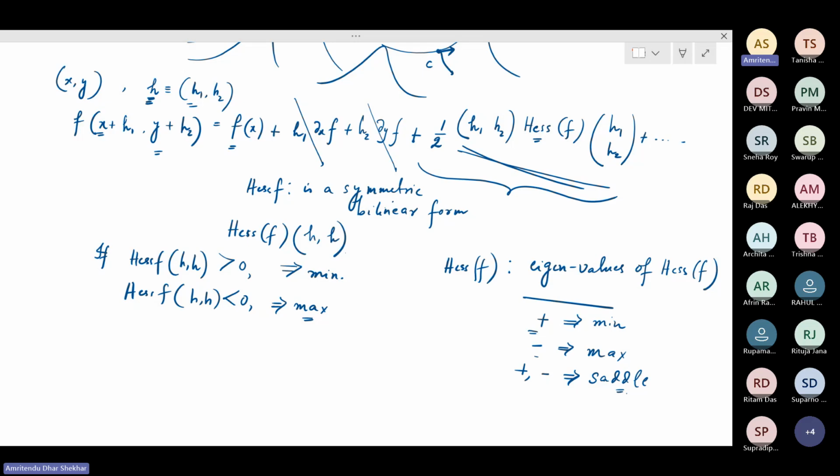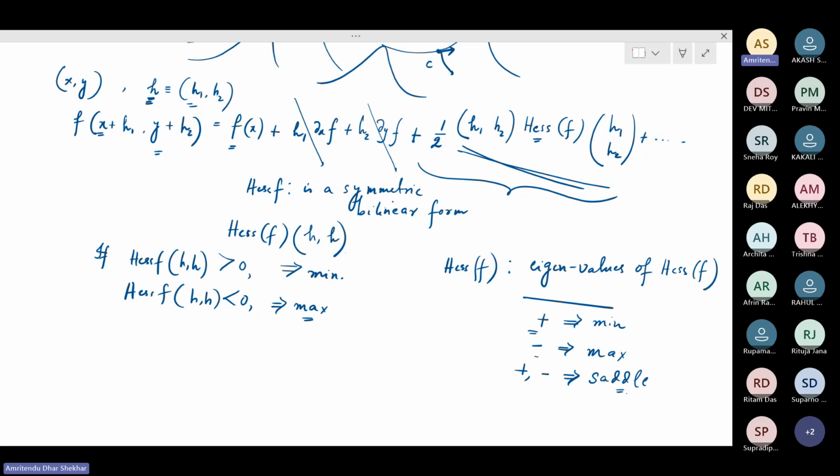What happens if you get an eigenvalue which is zero? Is it possible? Yes, it is definitely possible that you may get an eigenvalue which is zero.